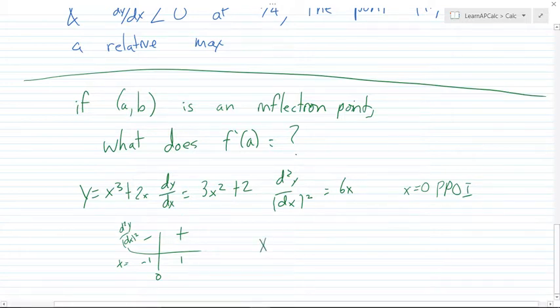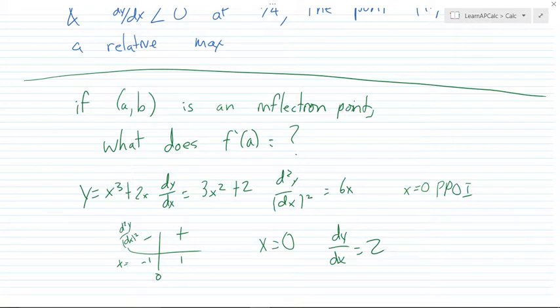But at x equals 0, plugging this into my derivative, dy/dx equals 2. So at a point of inflection, our slope can actually be different, unlike a critical value where it's always 0. We just saw an example where at a point of inflection our slope is 0, and at another one our slope was 2. Sort of interesting to think about.